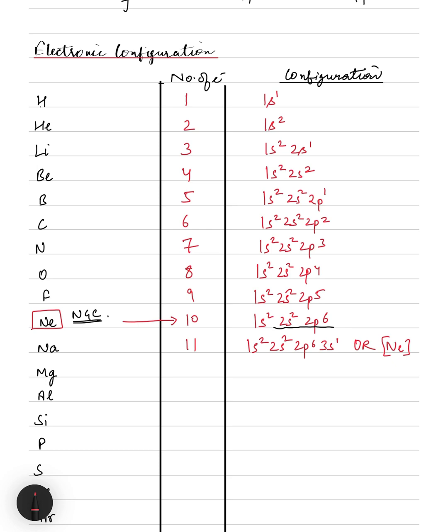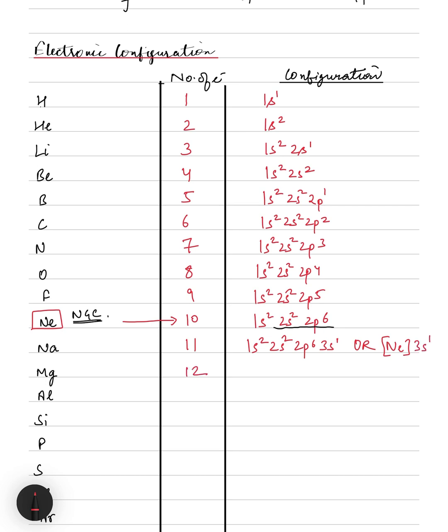You can see it in the neon case also. After neon comes sodium, and in the case of sodium, 1 electron is extra as compared to neon. Neon has 10 electrons, sodium has 11 electrons. And this 1 extra electron will be filled in the 3s subshell. So it will be neon 3s1, like this.